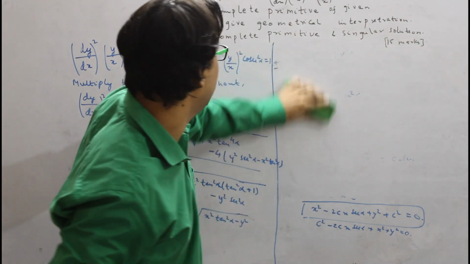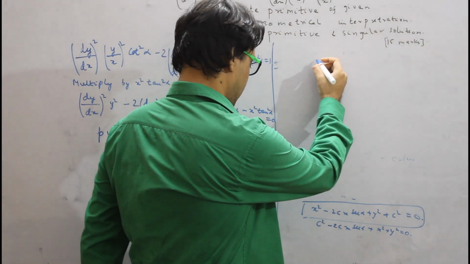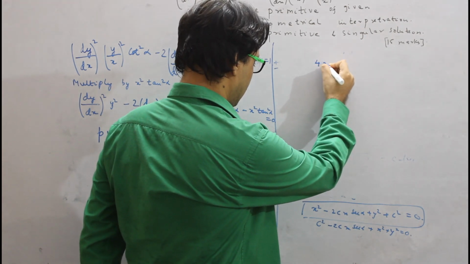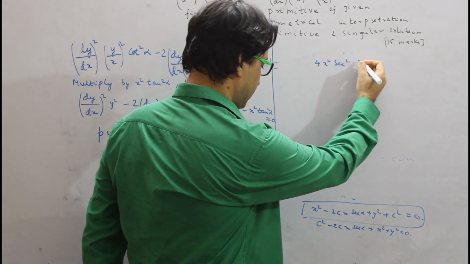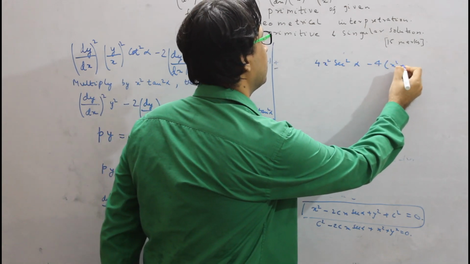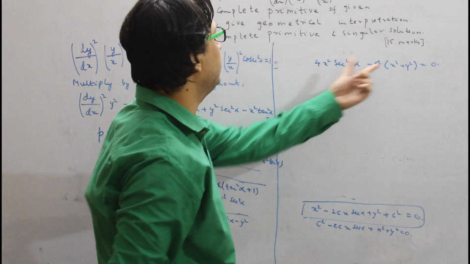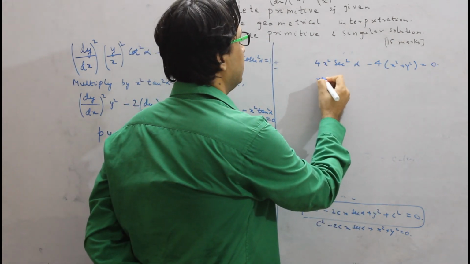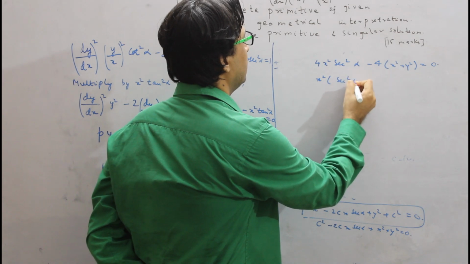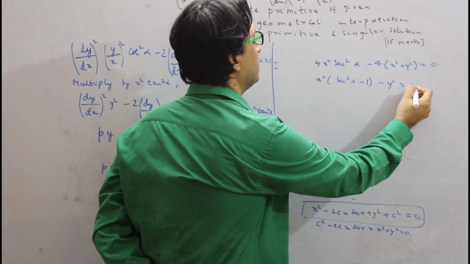So the c discriminant is going to be 4x square sec square alpha minus 4x square. So we can write this as x square, sec square alpha minus 1, minus y square, equal to 0.